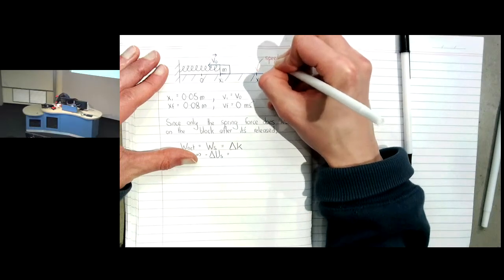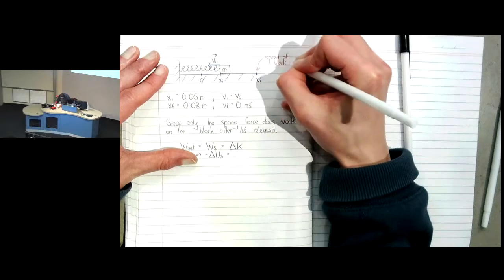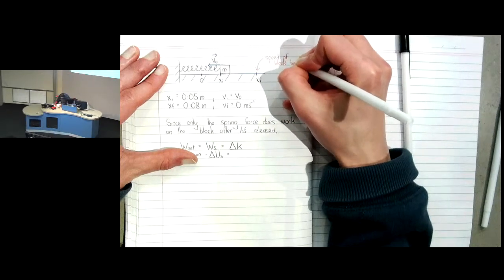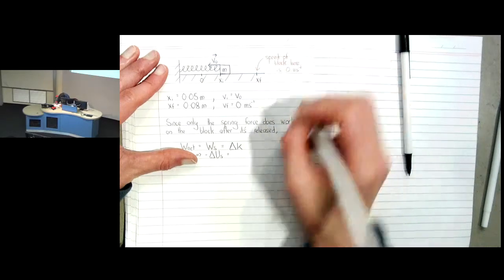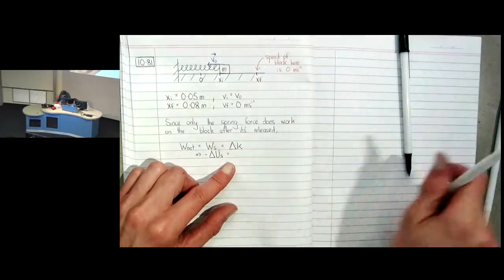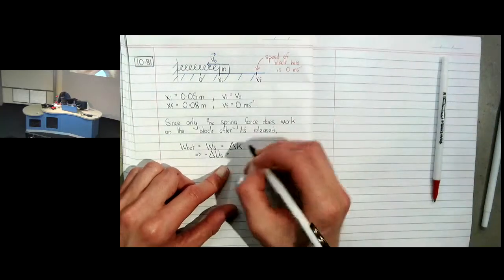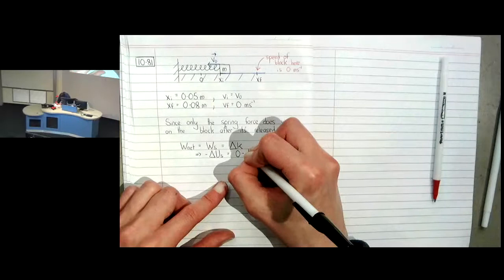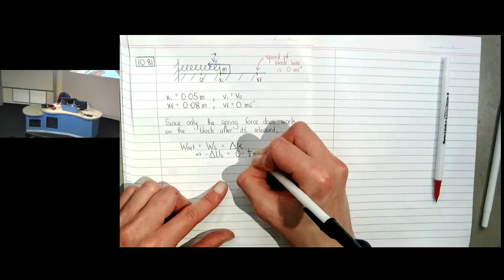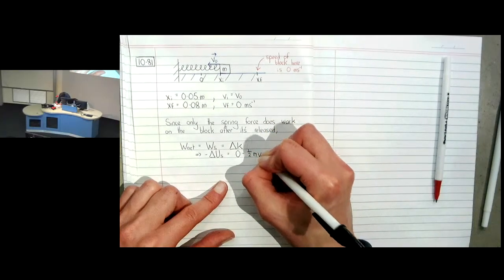The speed of the block when it gets to xf is 0 meters per second, so its final kinetic energy is going to be 0. So the change in kinetic energy is going to be 0 minus the initial kinetic energy, which we know has to be a half m Vo squared.